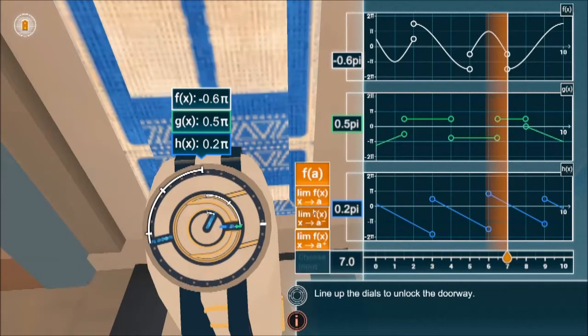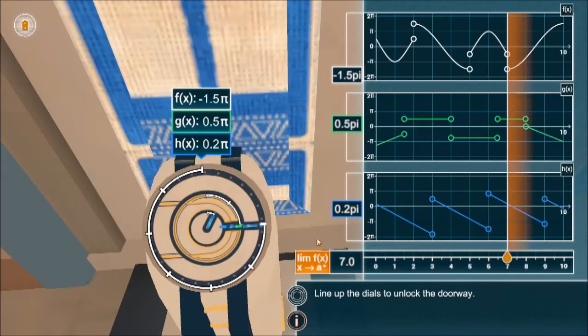Oh, right, because we need the negative 1.5 there. So those two are lined up, but that's not going to work. Oh, wait, no, the white one is the one that's not working. No, it's the blue one that isn't working. So maybe we want to get rid of the blue one at some point. But then we have to line up one of those. This is a fun one.